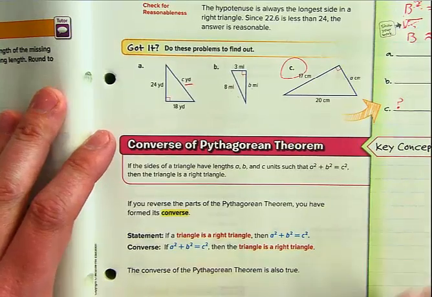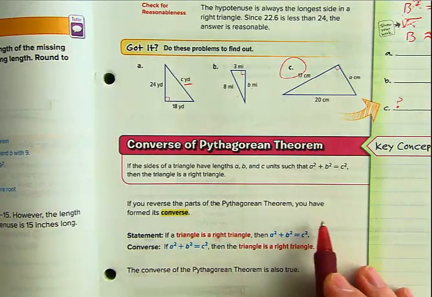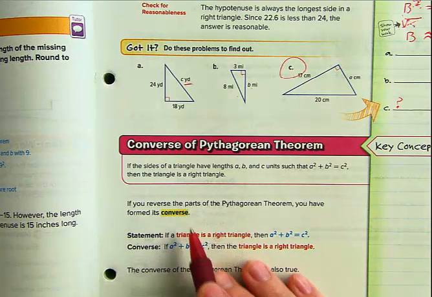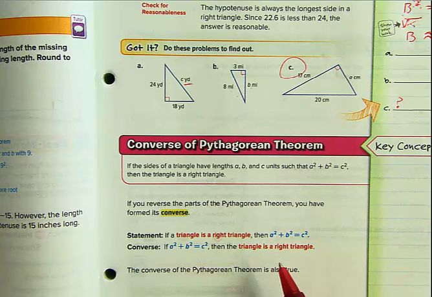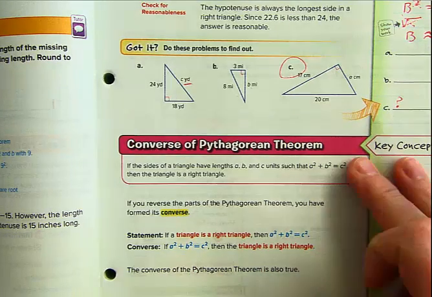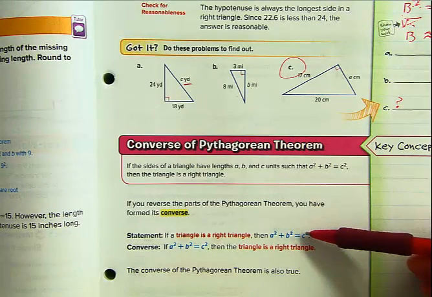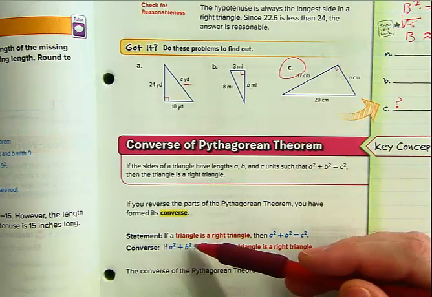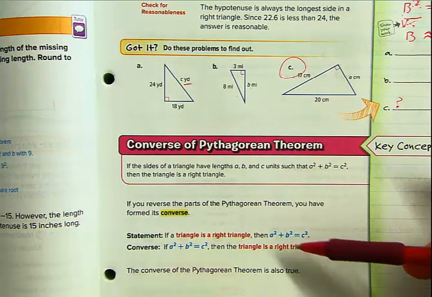So the converse, if you reverse the parts of the Pythagorean theorem formula, it's called the converse, okay? So the converse of the Pythagorean theorem is also true. So here's the statement: if a squared plus b squared equals c squared, then the triangle must be a right triangle.